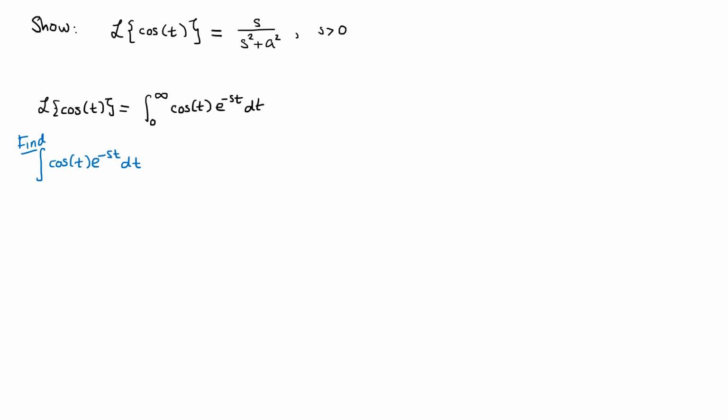So if you think way back to Calc 2, we had a technique called integration by parts, which said that if you have these two functions, u and the derivative of another function, this is equal to u times v minus the integral of v times the derivative of the first function.